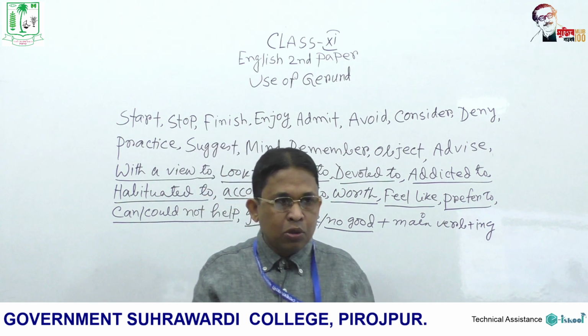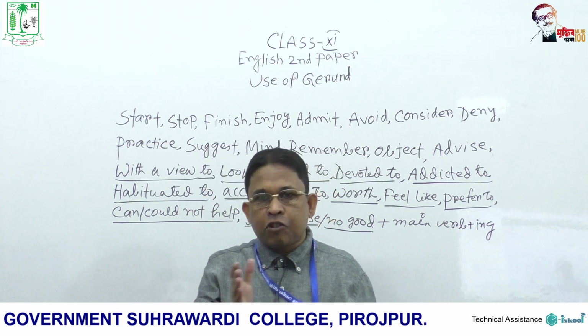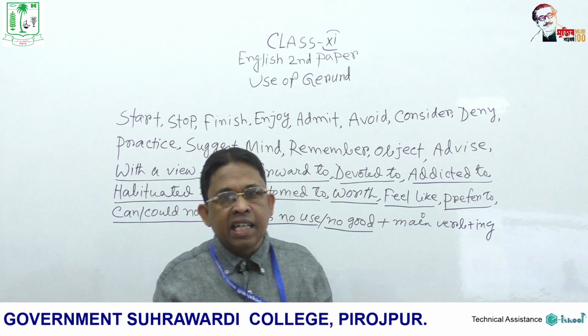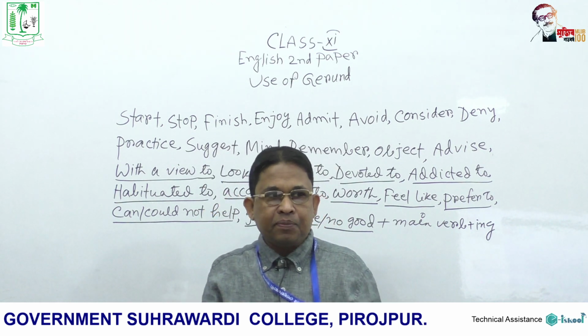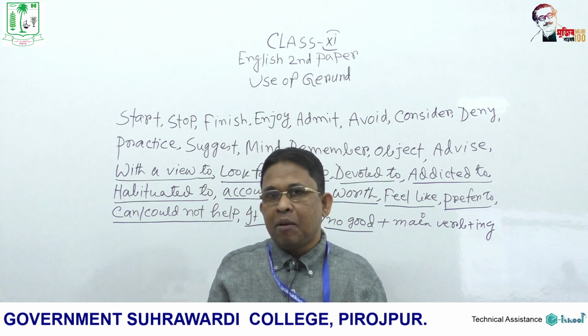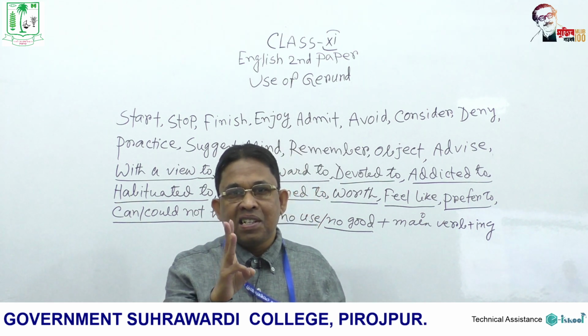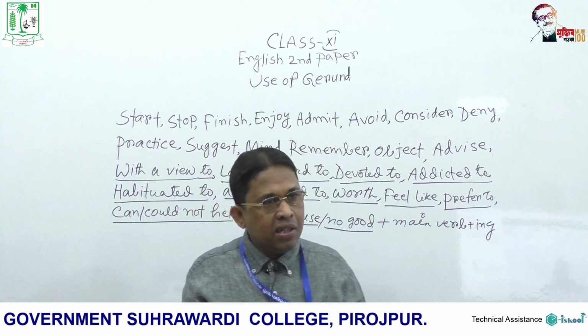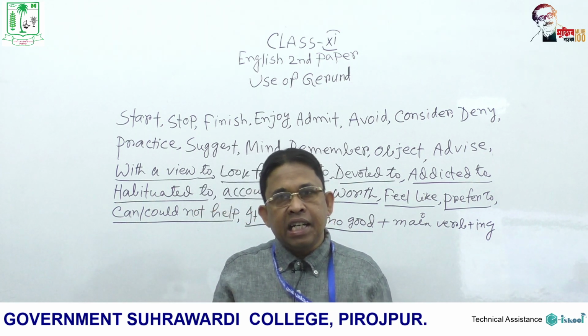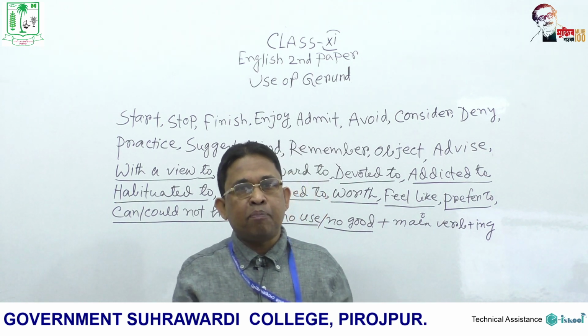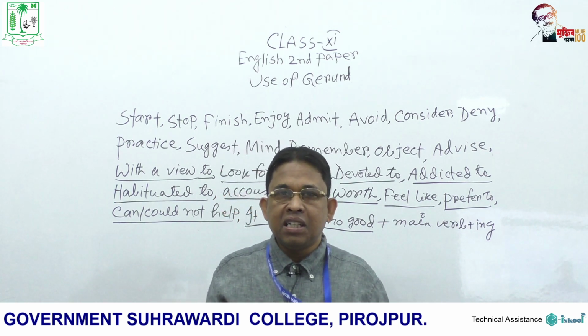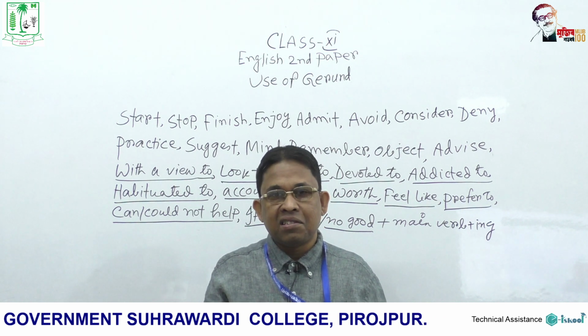And when we use ing after the base form of main verbs, it may be of three types. When we use ing after verbs, it may be continuous form of verb, it may be present participle form of verb, it may be gerund.